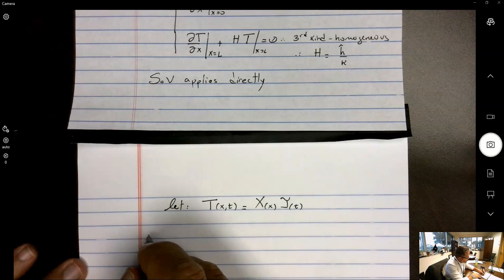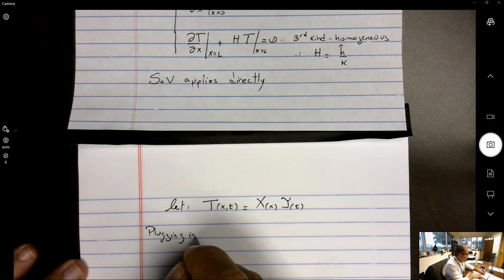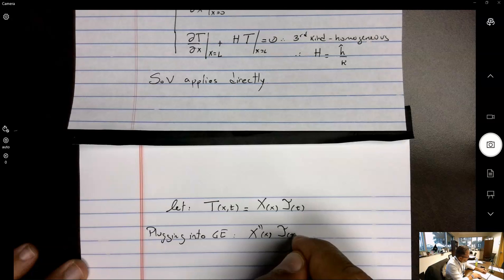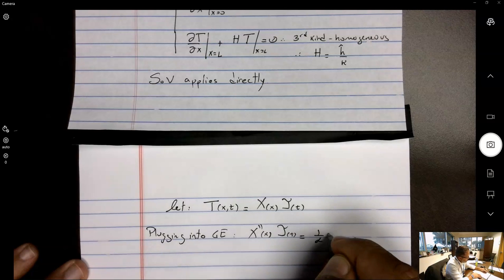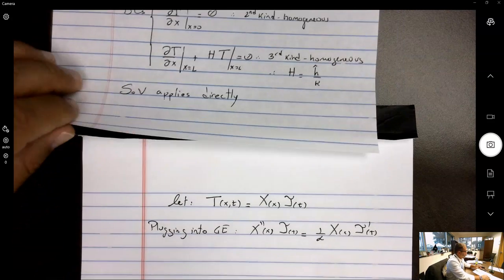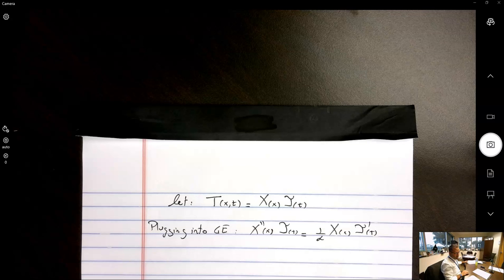If we plug this into the governing equation, it yields X double prime of x times tau of t equals 1 over alpha X of x tau prime of t. Okay, so now it looks a little simpler than before.